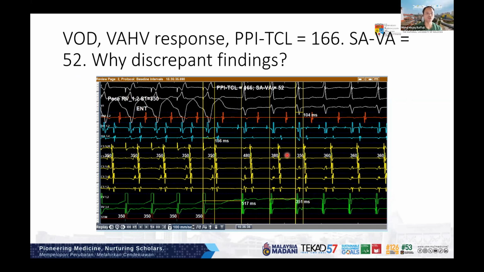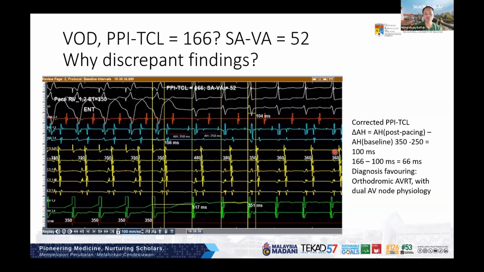So we did entrainment. Basically it's a VAHV response. The return cycle length is actually long, about 166, but the SA minus VA is about 52. So there's a discrepant finding.